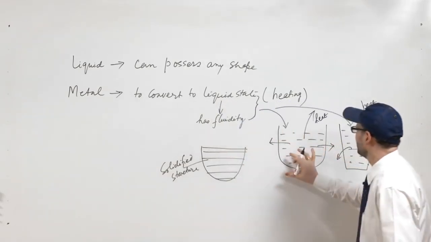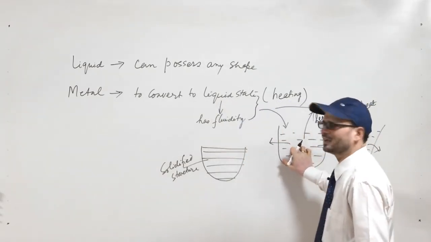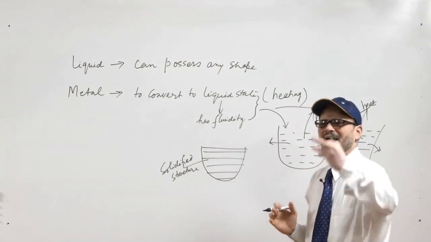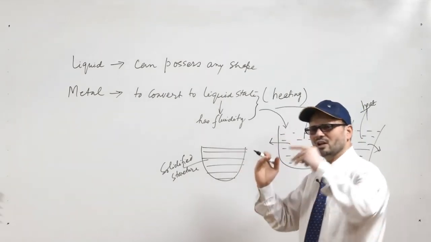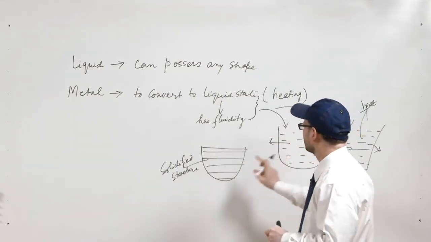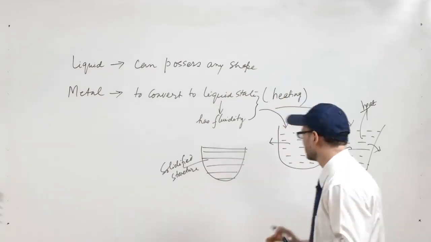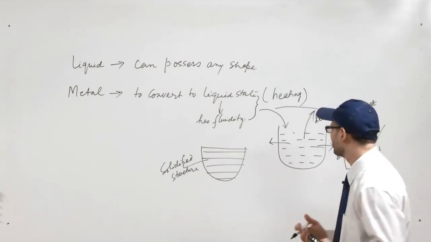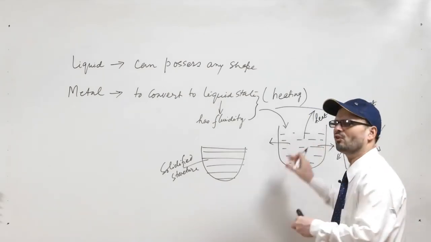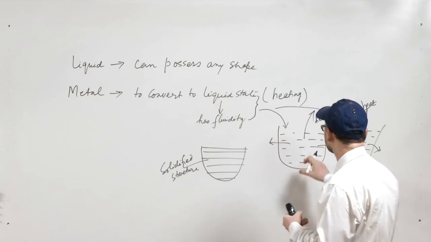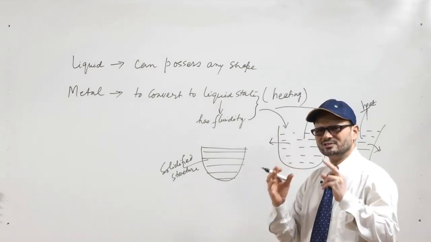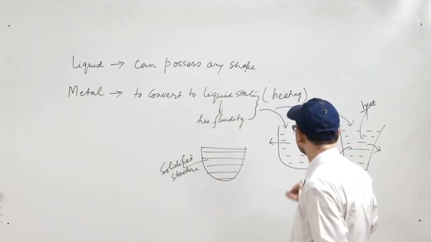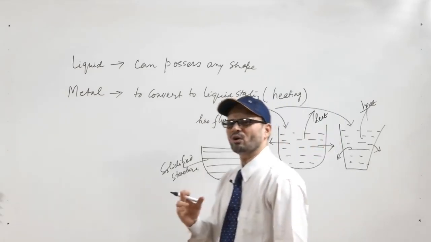Once this liquid has lost all the heat and come to a temperature lower than its melting point, it has come to a solidified structure. This shape can be a complex shape, it can be a simple shape. You may have to go for a number of changes to get the type of shape you want. So, this is how we go for casting.